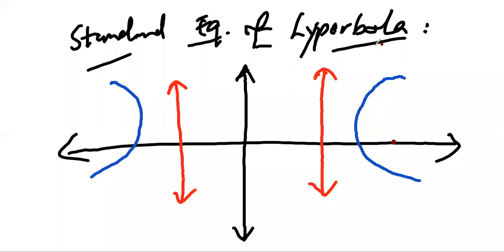If ellipse is divided into two, then it's called hyperbola. This is the transverse. In ellipse, we consider major axis and minor axis. In hyperbola, transverse axis is the main axis, which tells the direction that it is on x and y axis.